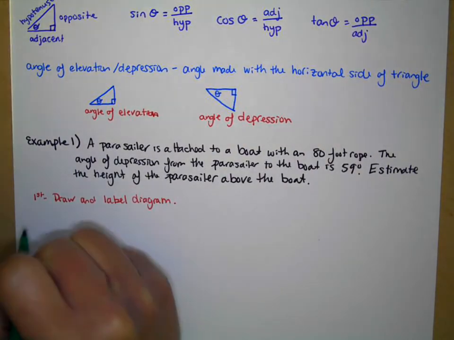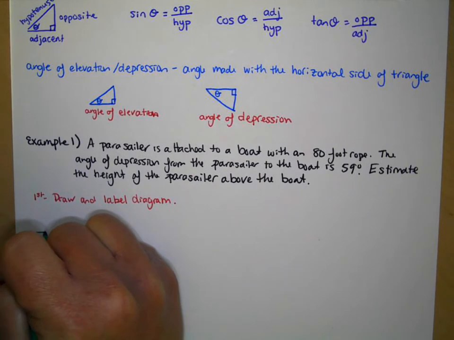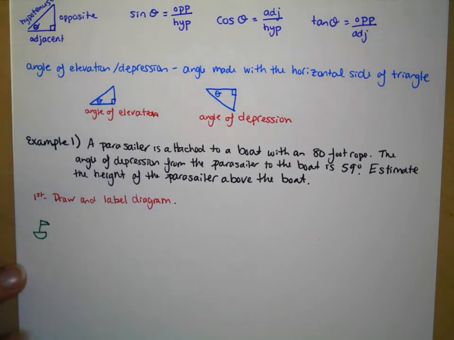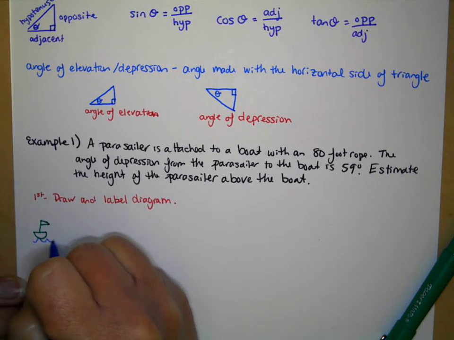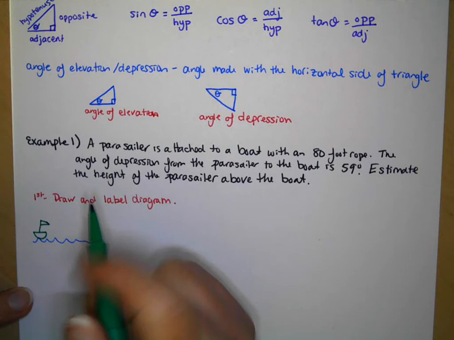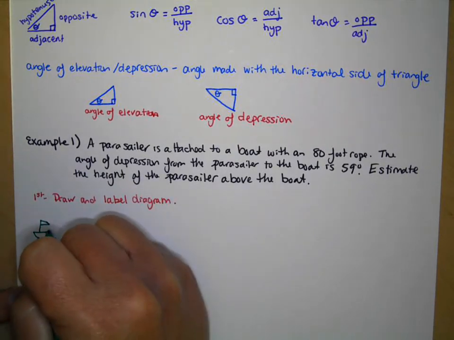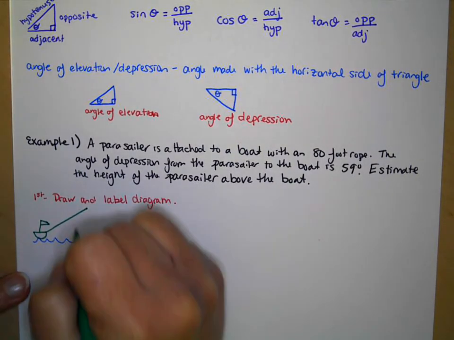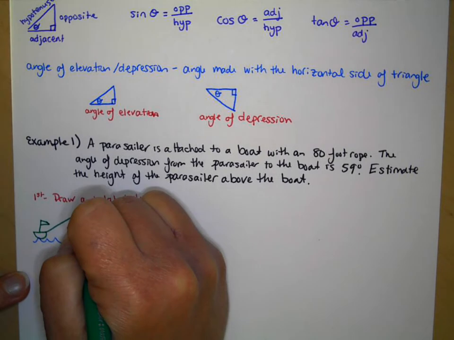So here's my super fancy boat. It's great, isn't it? It's sitting on the water, of course, so we'll add a few waves here. And here's our rope up to our parasailer. You could even put a little stick figure parasailer if you wanted. Then I'm going to draw in my right triangle.